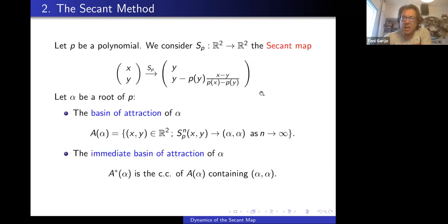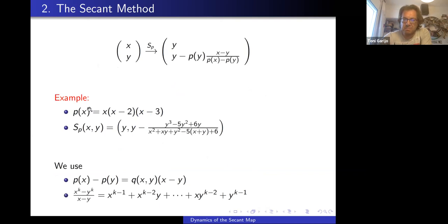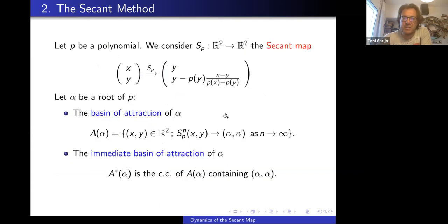In a similar way as in the Newton, we define the basin of attraction of a root. So let alpha be a root of the polynomial. We consider the basin of attraction of alpha. But in this case, the basin of attraction of alpha contains all the points converging to (alpha, alpha), because both iterates converge to the root.